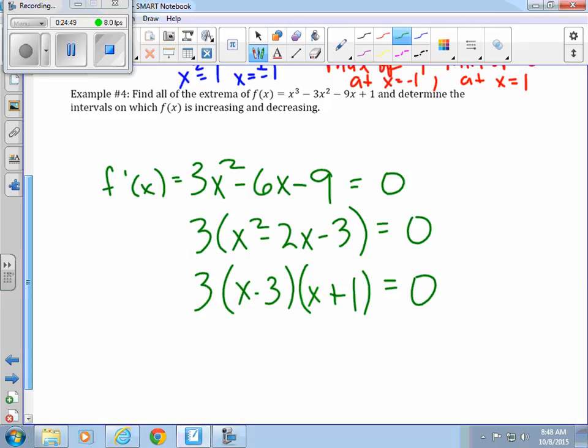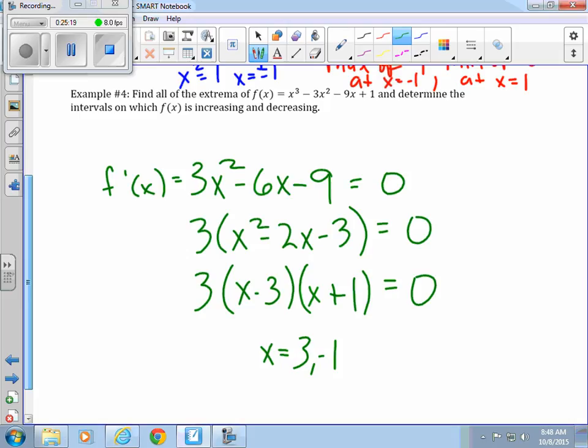It's long, it's a little tougher, so there's a little bit more room for error. They're my possible maxes and possible mins.